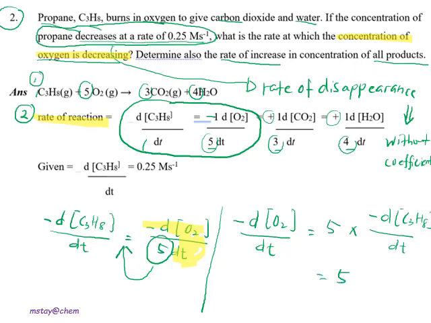So it is 5, and the rate of disappearance for propane is 0.25. We multiply by 0.25, which will equal 1.25 molar per second. We don't need to put the negative sign over here, because the negative sign is already shown here. So we know that the concentration of the reactant is getting less and less.